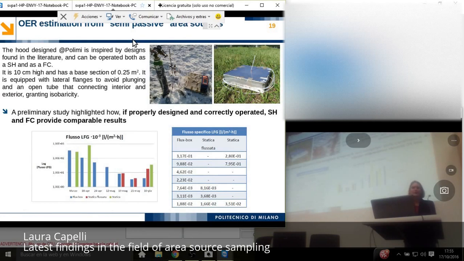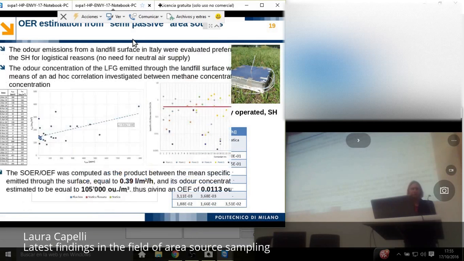So once this was assessed, we chose to use the static hood method, because of course from a logistical point of view this is much easier, because you don't have always to provide the air supply, which is quite complicated, especially in cases like landfills, where you have to do more sampling points that are often far away from each other, and having the tank to carry with you all the time is not so practical anyway.